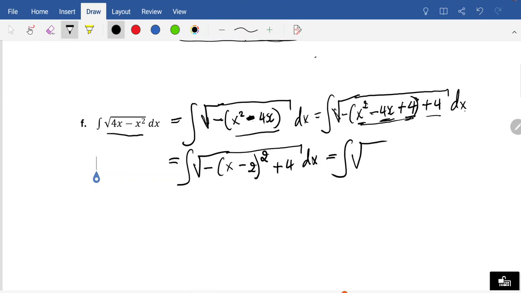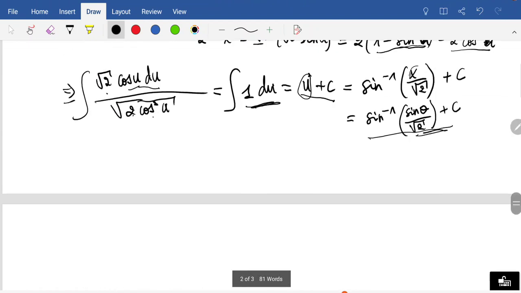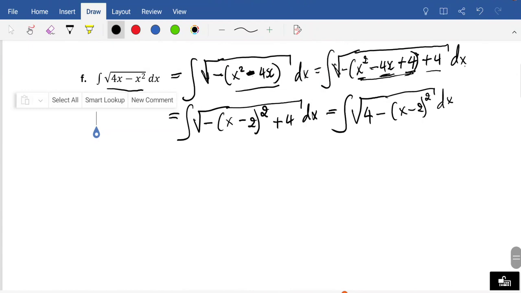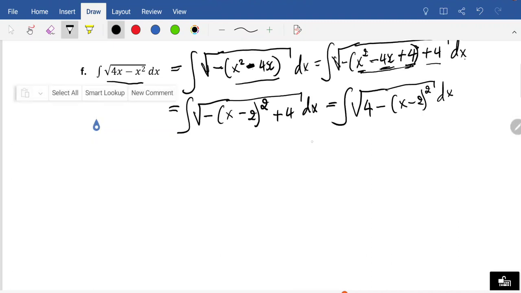So we have that this is equal to the integral of the square root of negative x minus 2 squared plus 4, which can be rewritten as the integral of the square root of 4 minus x minus 2 squared dx, which if we look at our original rules, we'll clearly see is equivalent to us using the substitution x is equal to a sine theta.